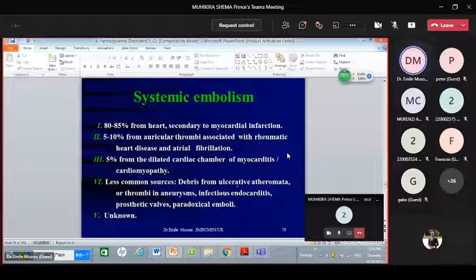There are less common sources like debris from ulcerative atheromata, thrombi in aneurysm, infective endocarditis, prosthetic valve, and paradoxical emboli.